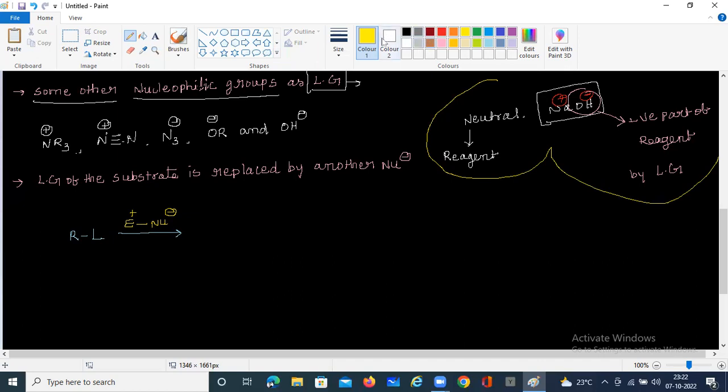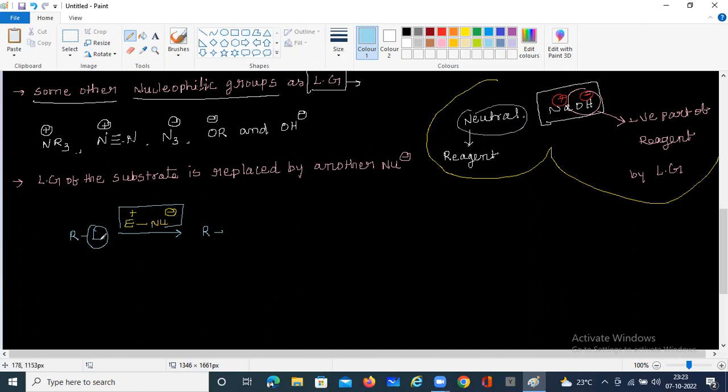So now tell me, according to this statement, what is going to happen over here? How can we write? The leaving group is always replaced by the negative part of the reagent. This is a neutral reagent.